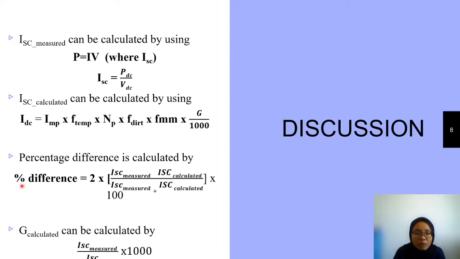So the percentage difference is calculated in order to have the difference between two related values of ISC measured and ISC calculated. So the values obtained from G calculated are bigger than the G measured, and all the values that have been recorded are needed to be used in order to plot graph.